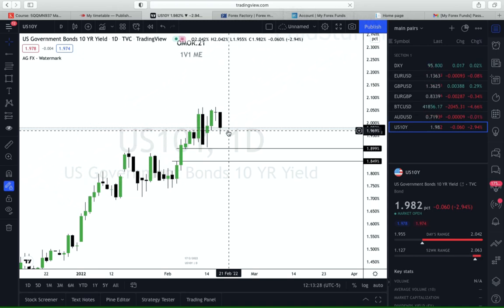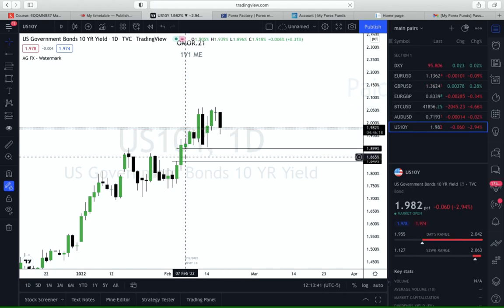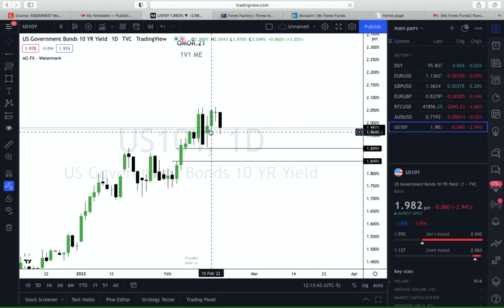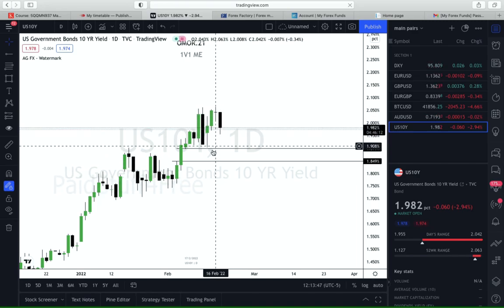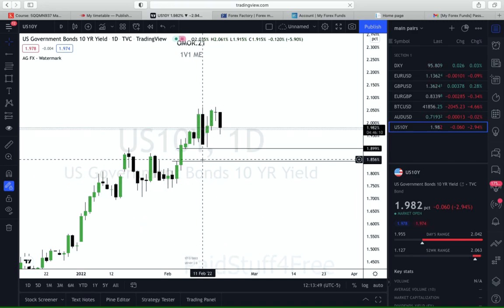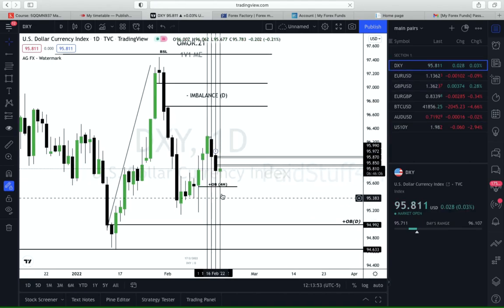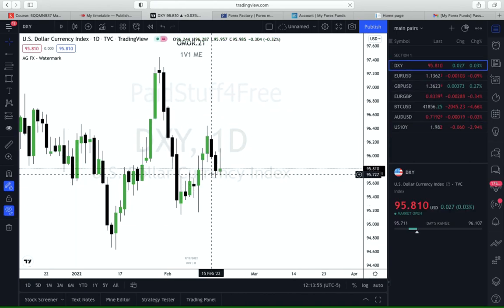It wants to deliver liquidity whilst rebalancing imbalances or filling inefficiencies in the market. So we see this inefficiency in the market. So if we're saying that the US 10-year bond yield is going to come down into this area, where should we see the DXY go? We should see the DXY go lower as well.